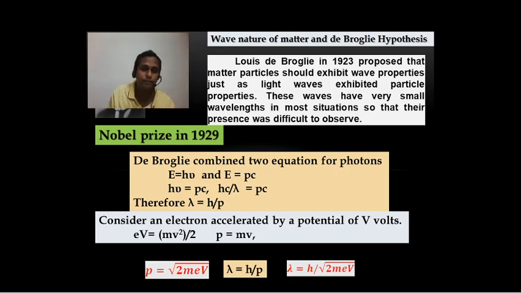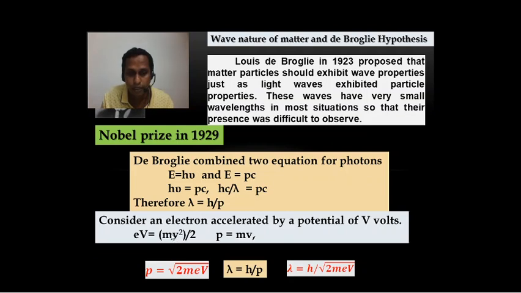It's the kinetic energy. Then we know that p is equal to m into v, so we can say this is equal to p square by 2m. The kinetic energy can be denoted as p square by 2m.